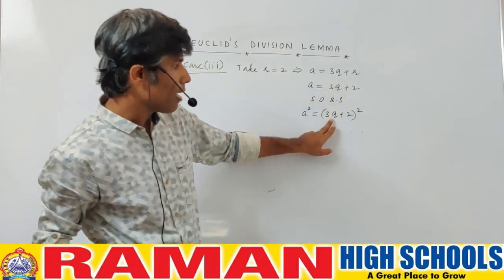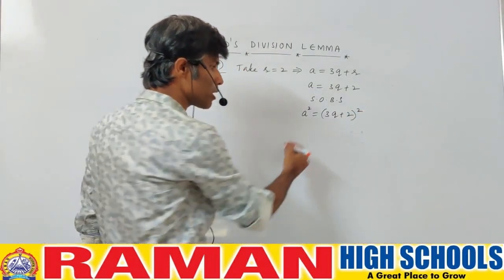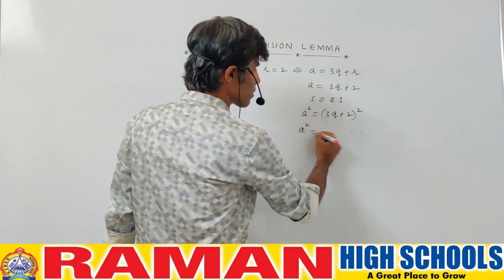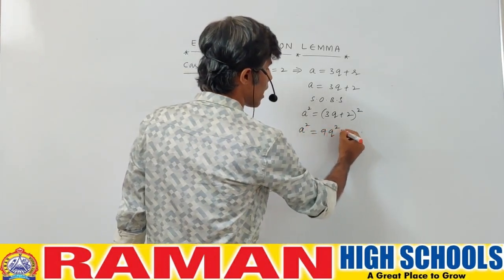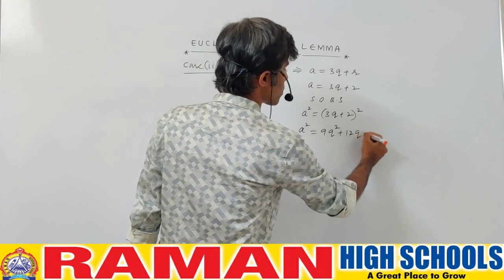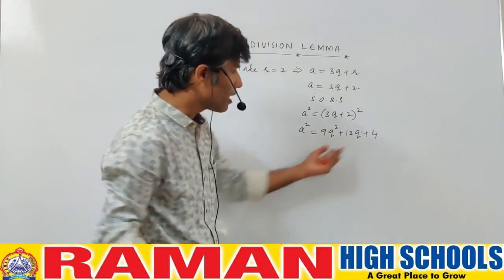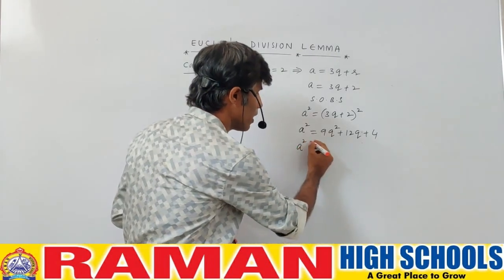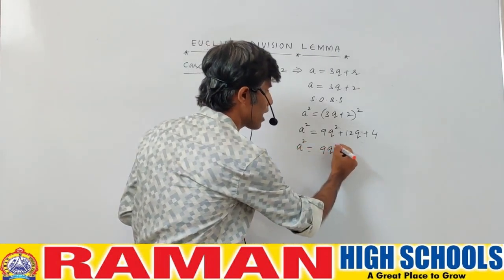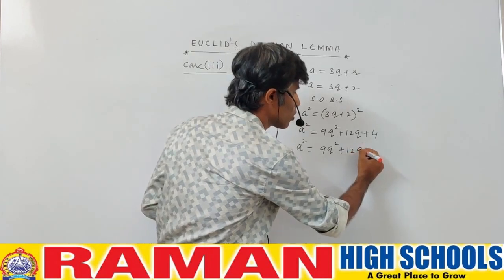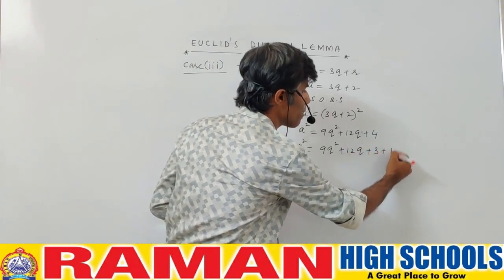Here again we have the (a plus b) whole square formula. By using that, a square equals to 9q square plus 12q plus 4. This can be written like this: a square equals 9q square plus 12q plus 3 plus 1.